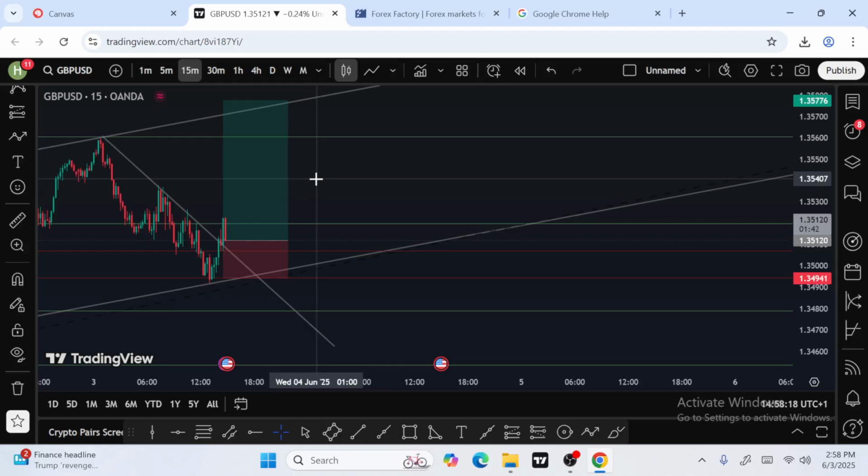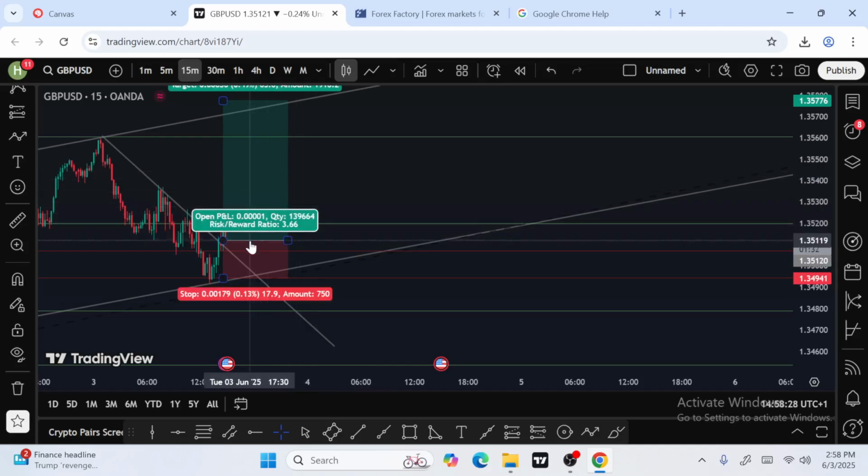Let's open the chart. Now, what is the entry point? 1.3 what? Let's say 1.35. 1.35 is our entry point.